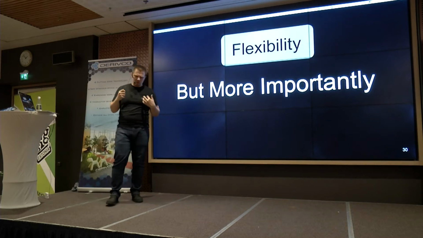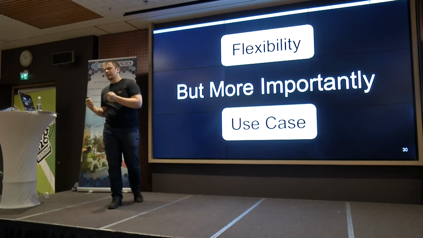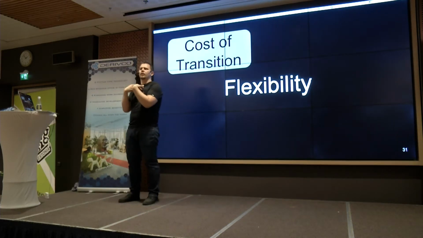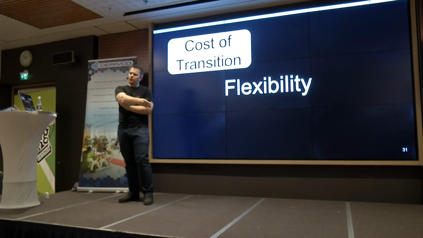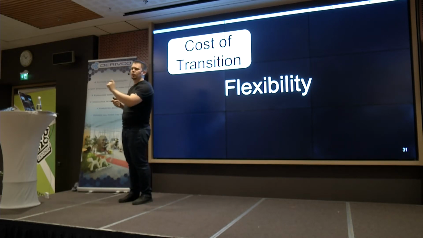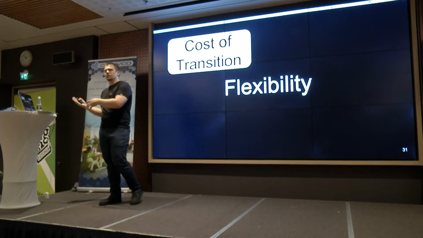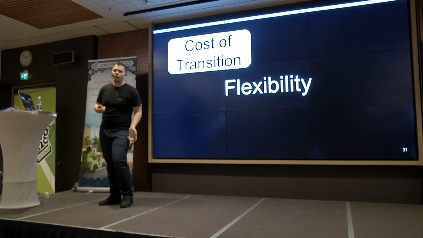But more importantly, it's all about the flexibility and the use case that you're in. When it comes to flexibility, obviously you have to think of the cost of transition. Transitioning from Selendroid to Appium, as you saw, is quite simple, but Robotium to Appium can be quite challenging. So if you know you're going to develop a multi-platform application, go with Appium right away.